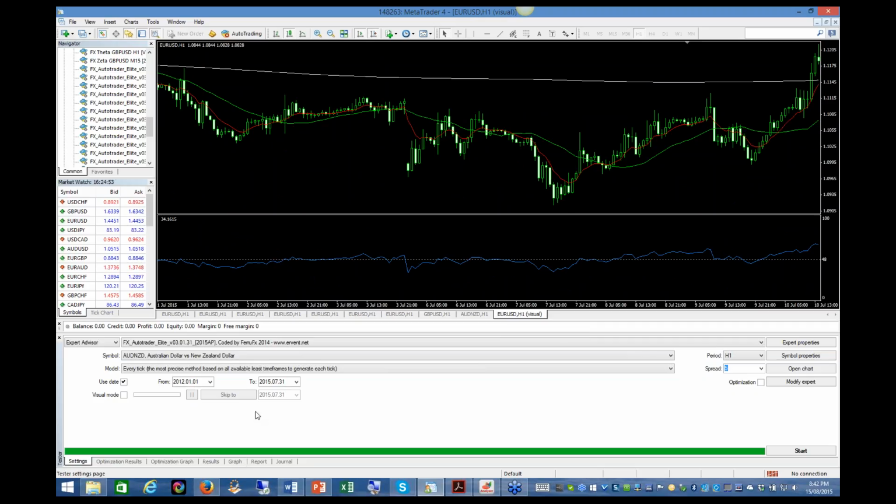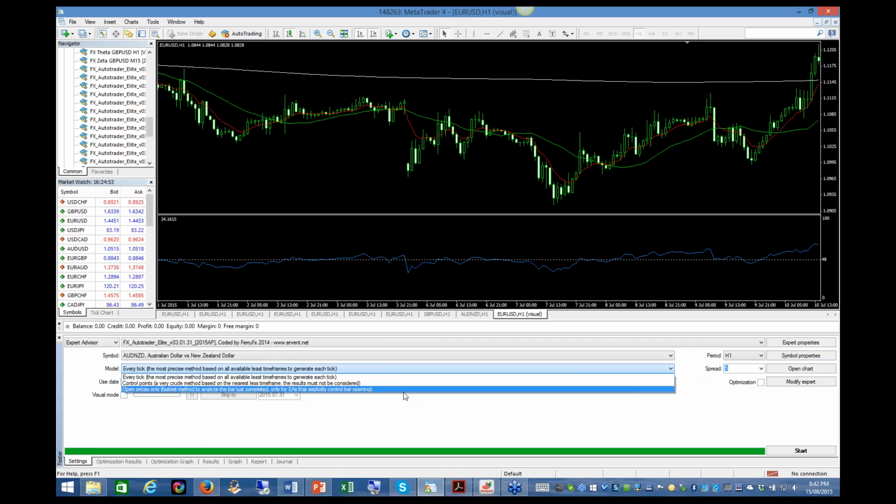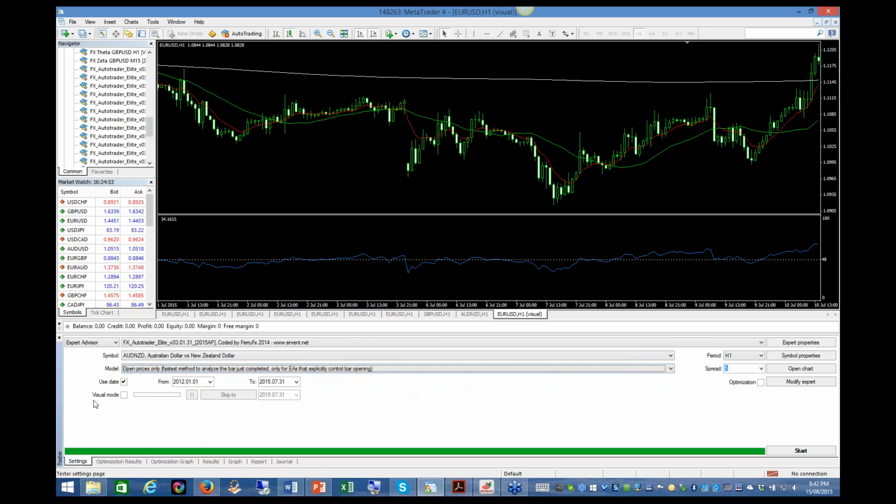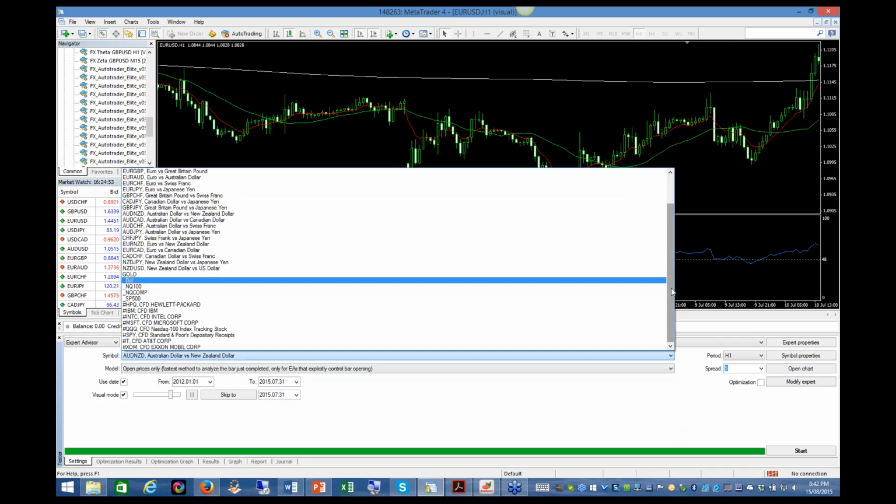And the one other thing that I was interested in showing, which is a useful thing to do, is if you go to the model, instead of doing it at every tick, if you select open prices and then do a visual, and I'm not sure what I've got here, but what I wanted to show you, and let me do the Euro USD.